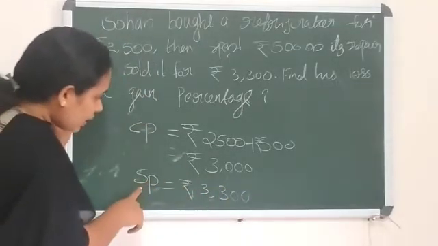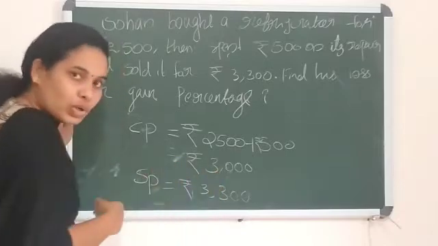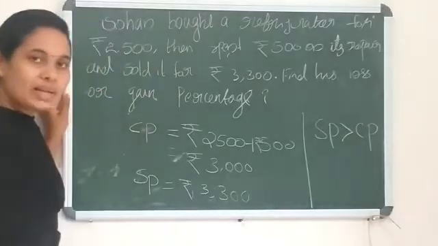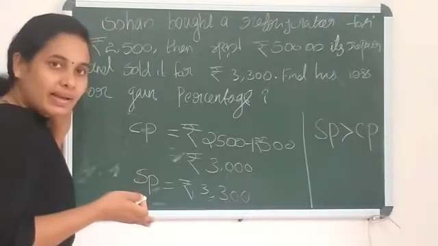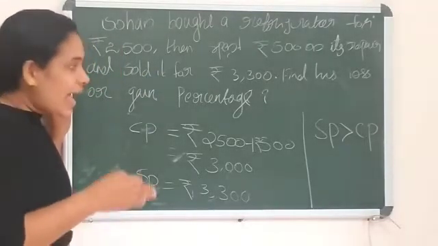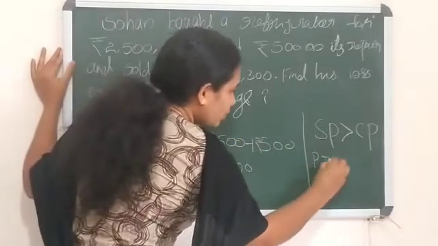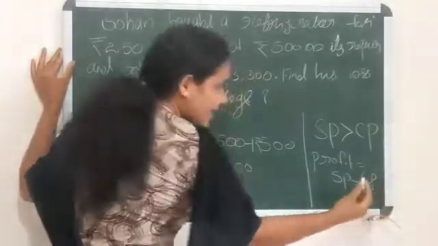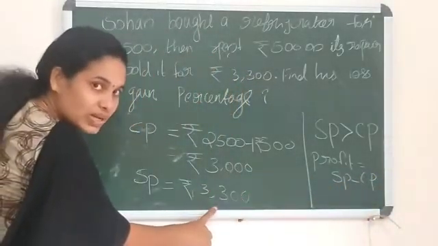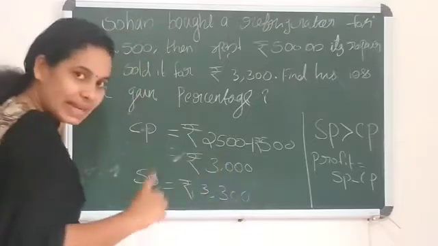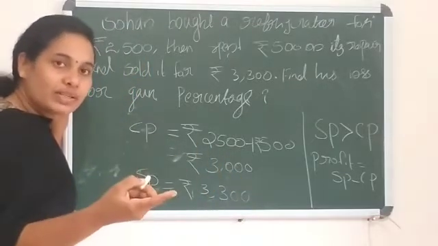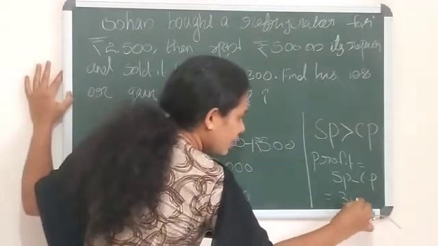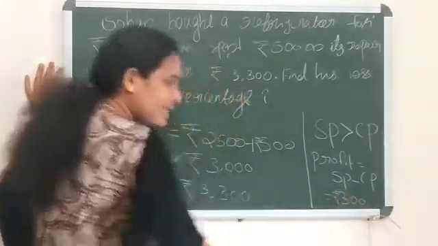Here selling price is greater than cost price, so there will be a profit. Profit equals selling price minus cost price. Selling price is 3,300 and cost price is 3,000. So the profit is 3,300 minus 3,000, that is 300. Rupees 300 is the profit.